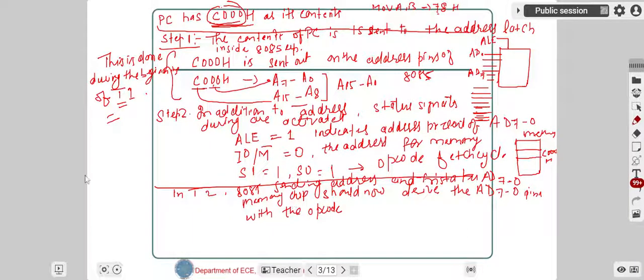On the other hand, AD15 to AD8 will still be having the higher order address. But these AD7 to AD0 lines are required for sending or receiving data also. So the CPU stops sending address through these lines during the T2 clock cycle, and is expecting to drive these AD7 to AD0 pins with the opcode, because the opcode will be fetched through these data lines also.